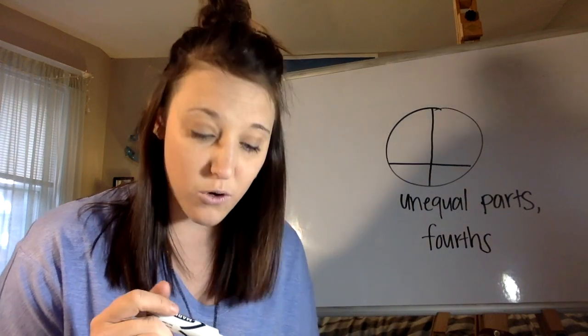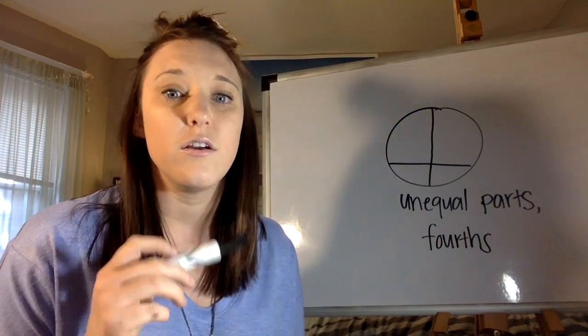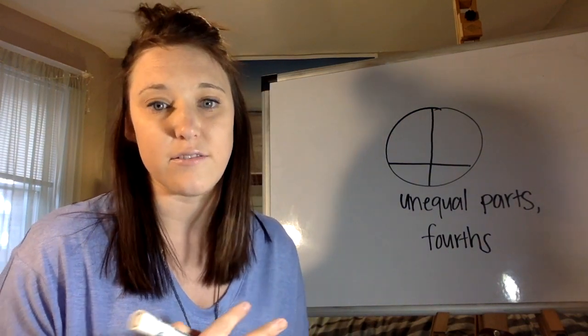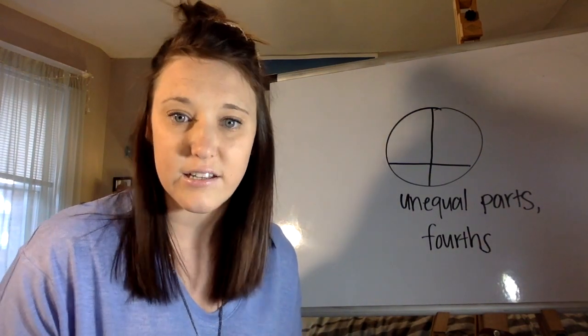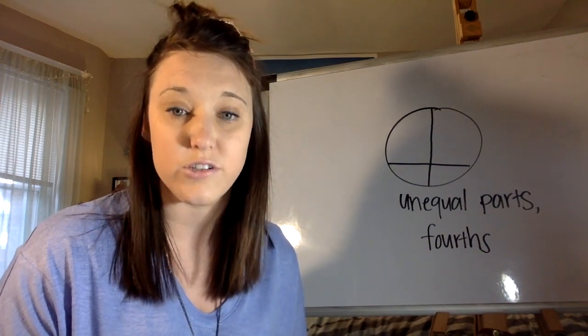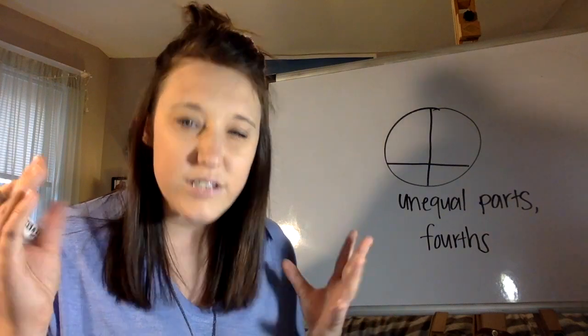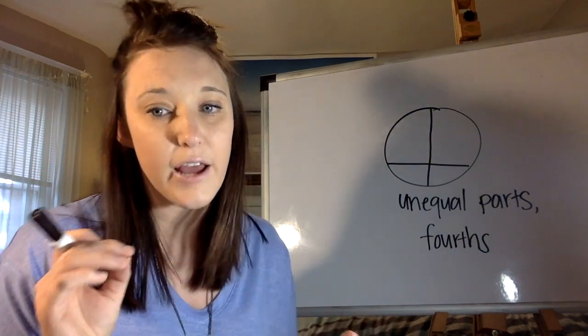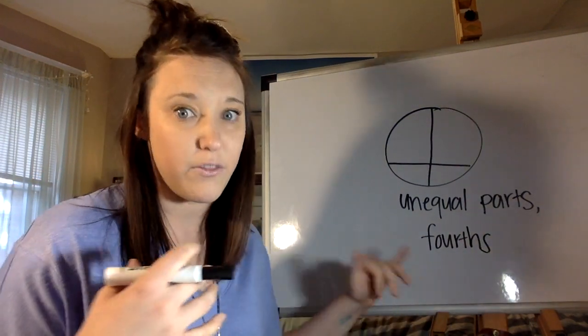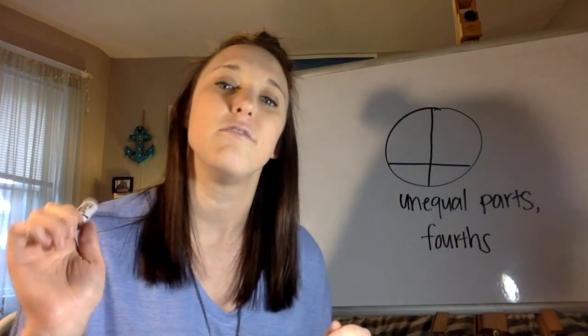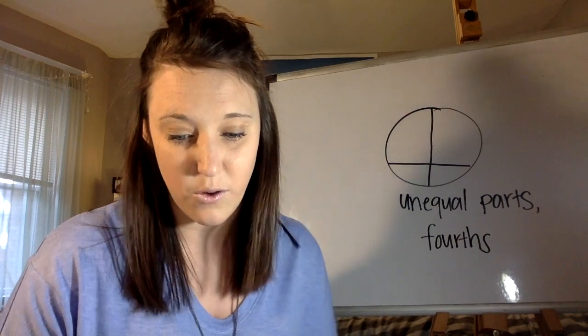Now, when it's unequal and you're completing this online, please note you do not need to write that it's split into fourths, because it's technically not equally split into fourths. I do want you, though, to start thinking, okay, I've got 4. What does that mean in fraction terms? If you have 4 parts and they're equal, they're fourths. When you are online, though, you don't need to write fourths if the shape is unequal.